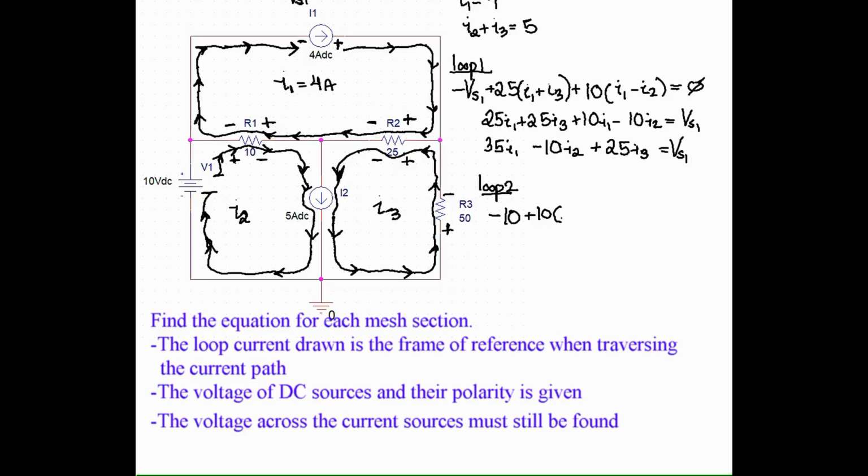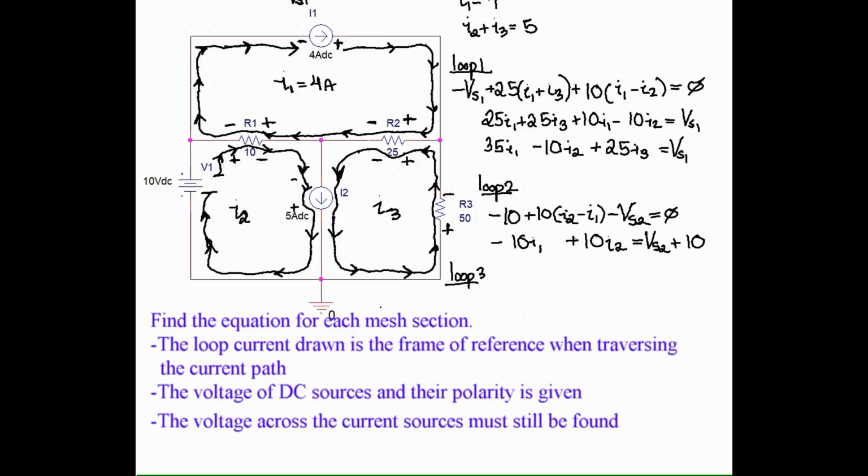As opposed to if you look at R1, which is 10 ohms, we have I1 minus I2. So from your reference frame of the first mesh current, we're subtracting I2 because it's going against the direction. And that situation reverses in loop 2. We have minus 10 plus 10 times (I2 minus I1) minus VS2.